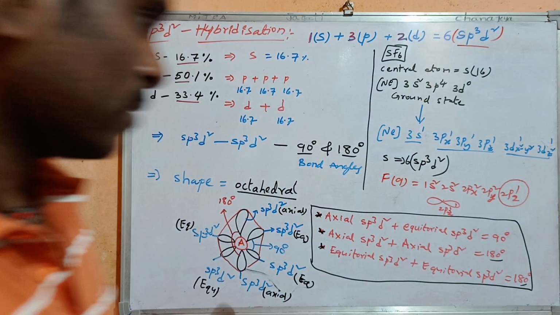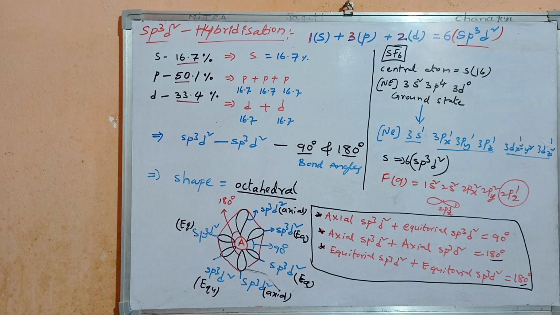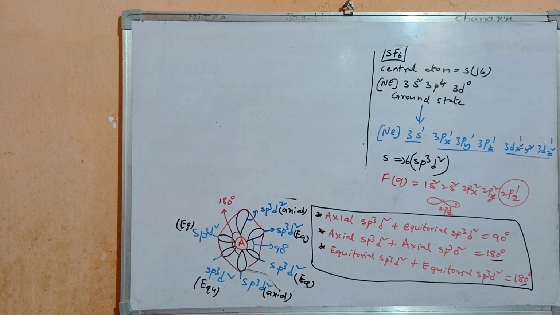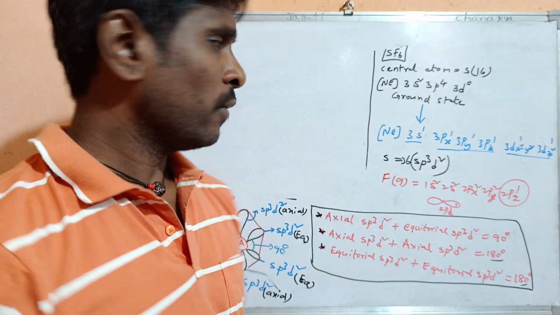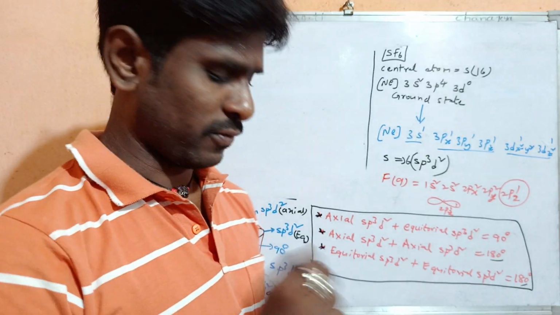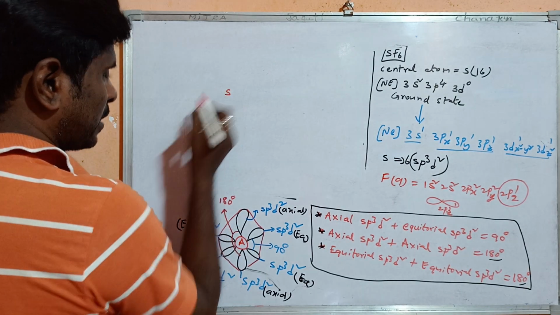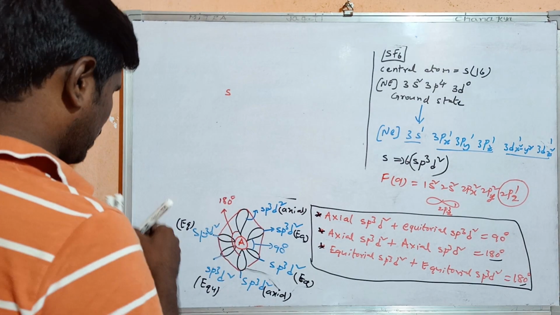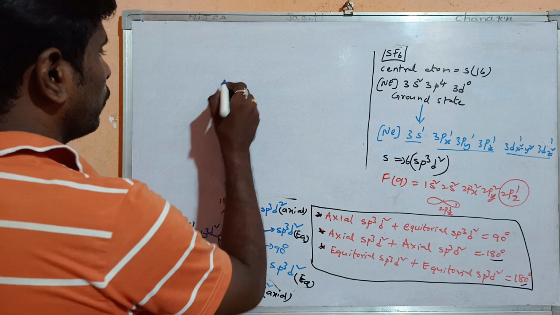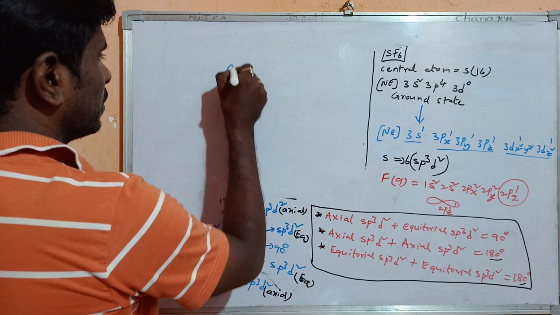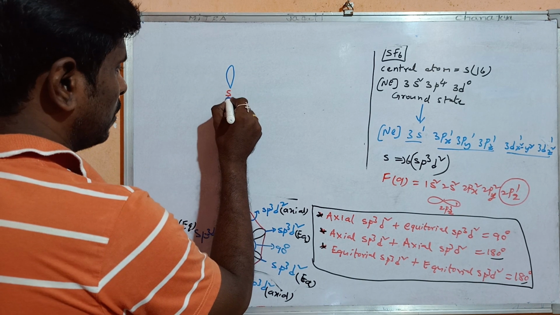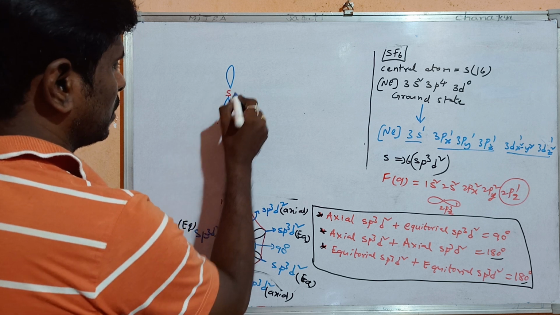Okay, friends. Now we have to draw the perfect structure of SF6. Okay, look, central atom sulfur. Around the central atom sulfur, now we will draw the sp3d2 orbitals of sulfur, 6 orbitals like this.